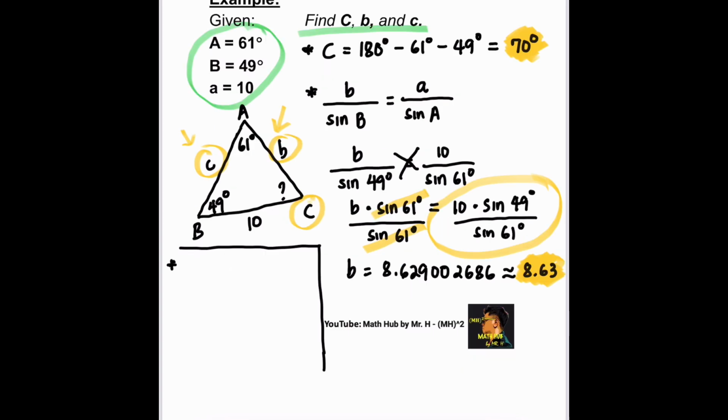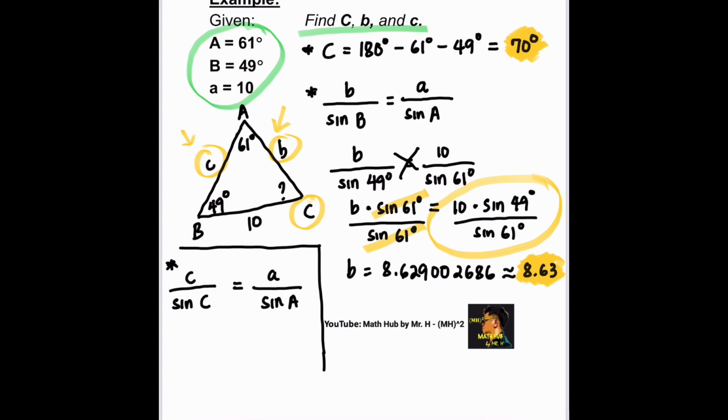To find the length of side c, we can use the formula c divided by sine C equals, and we can again use the information about A. You can also use the information about B because we already got the length of side b and the measure of angle B is given. Either way, it's going to give you the same correct answer if you do the math right.